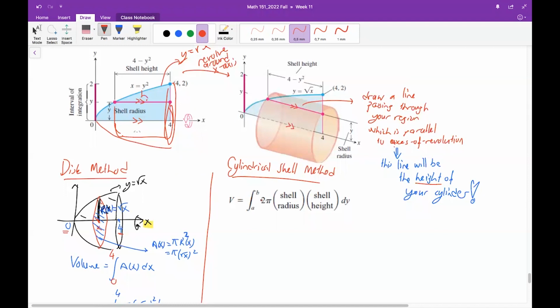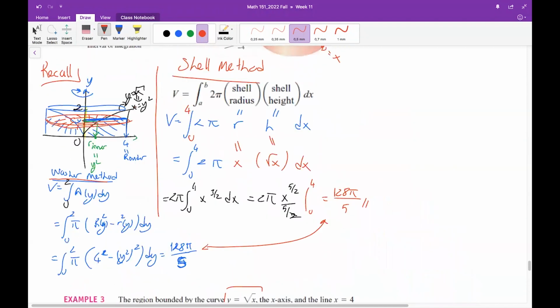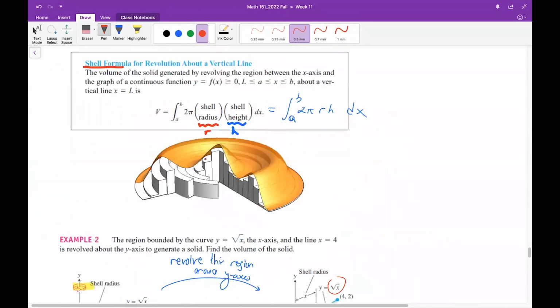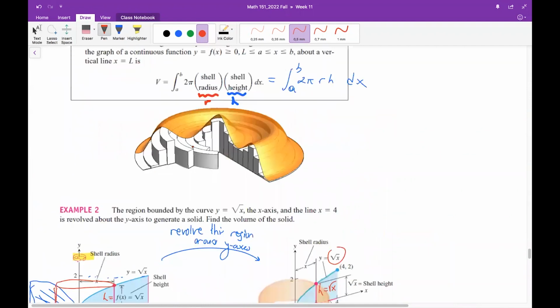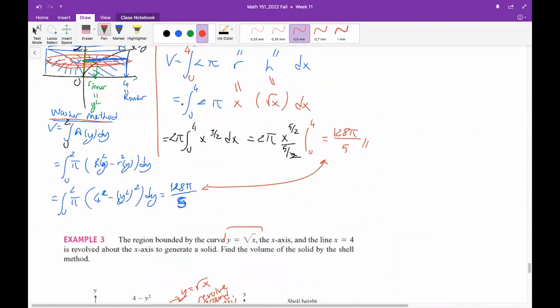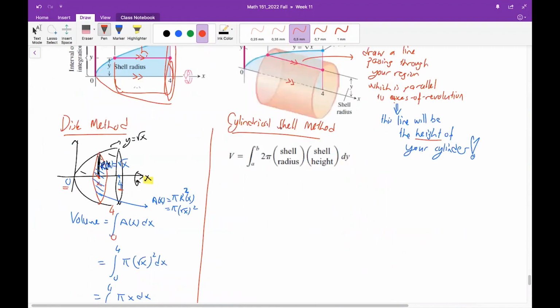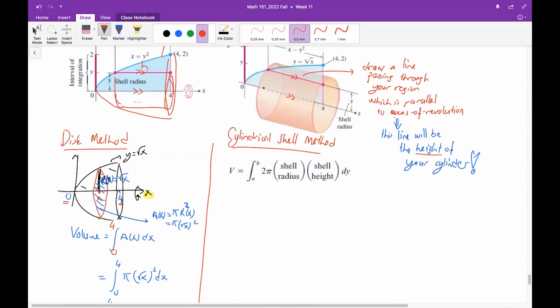You will be writing 2 pi times shell's radius, as we covered here, times shell's height, and then the boundaries on the axis of revolution. So what is the shell's radius here? This is some arbitrary point x, and this part is the radius. Maybe I can draw it better.